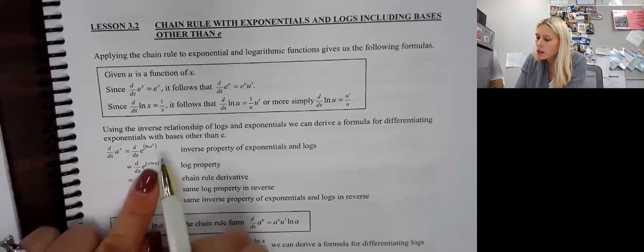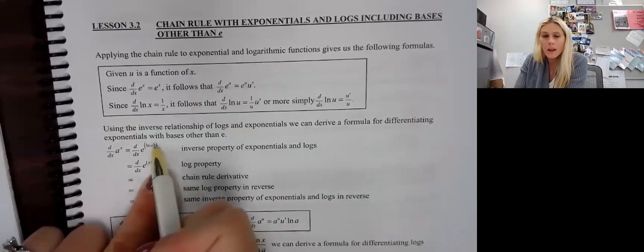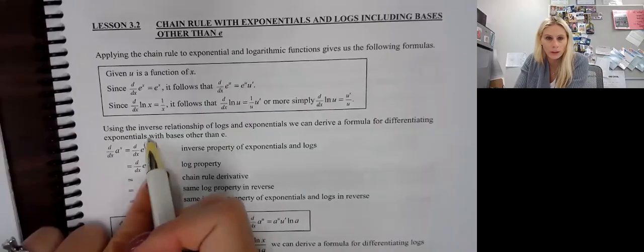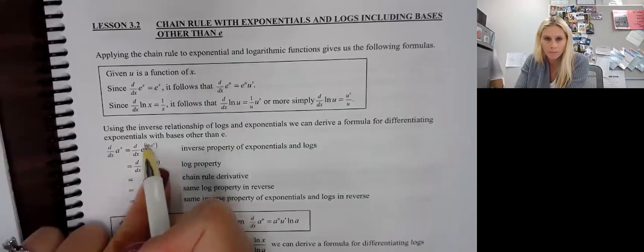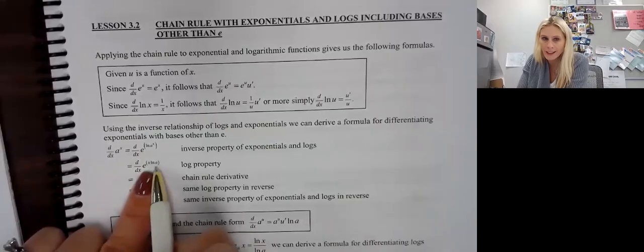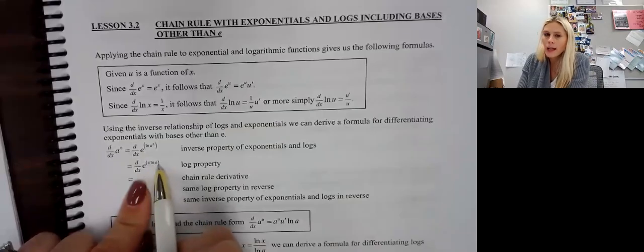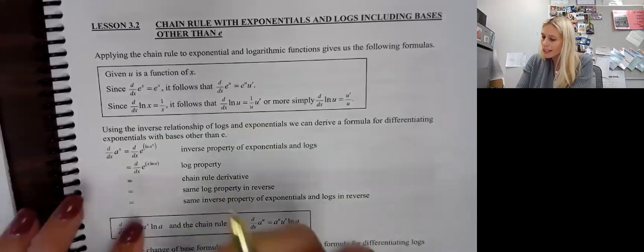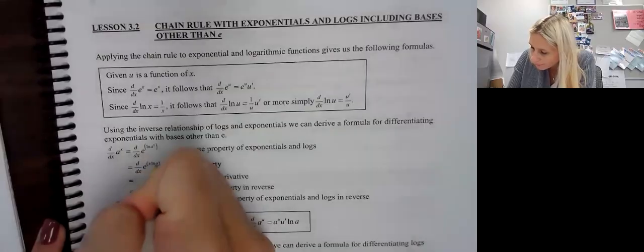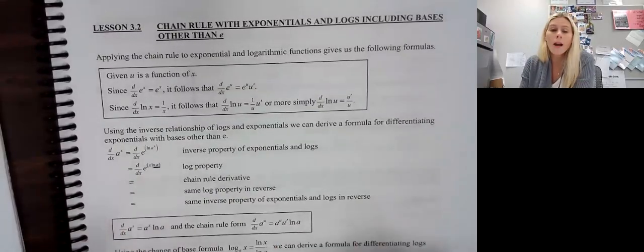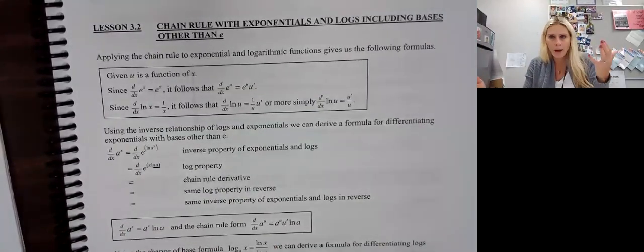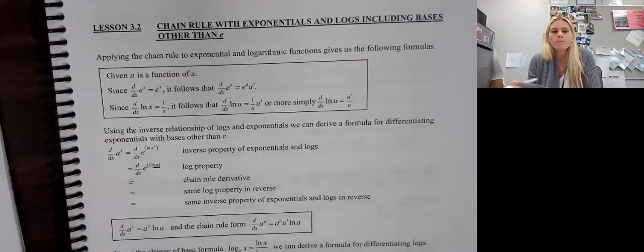Now, of course, knowing that, another property that we need to use is the exponent goes in front as the coefficient, okay? So that's what they did for the next step right here, is they have e to the x ln of a. Now, just to tell you, ln of a is just a number because a is any number, ln of any number is a number, right?